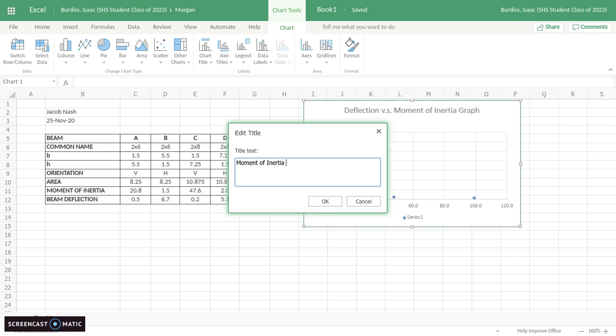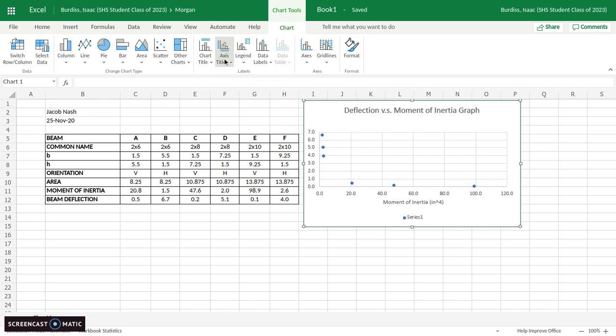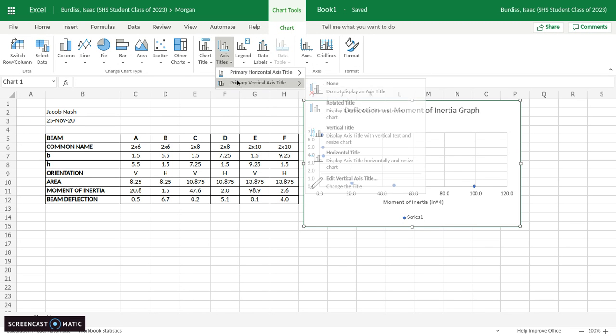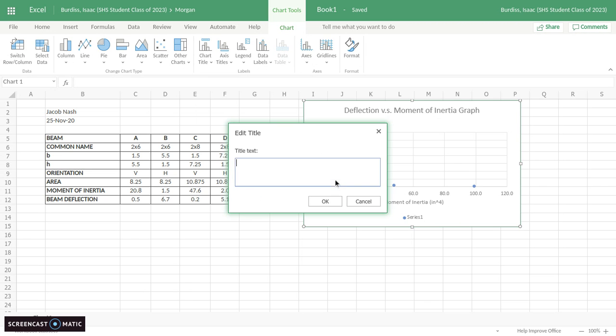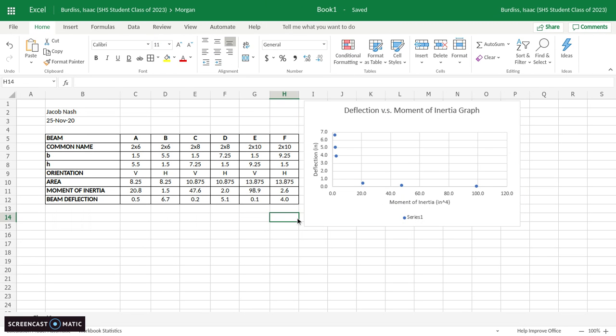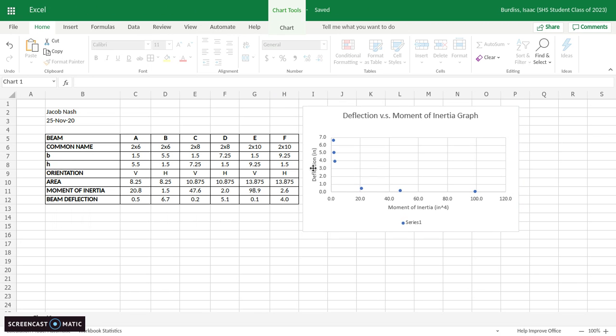And it needs the units, so inches to the 4th power. Remember, do that caret with shift 6. Then we need the vertical axis. Change it to deflection in inches. And there you go. That is how you do it.